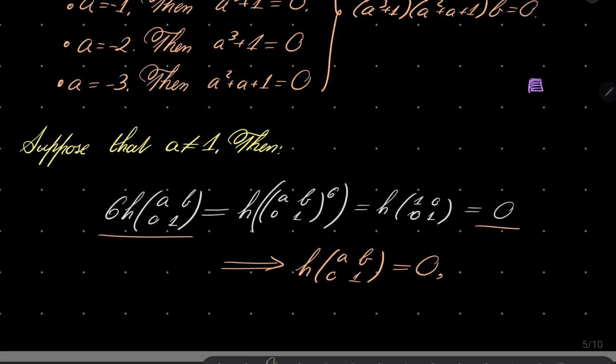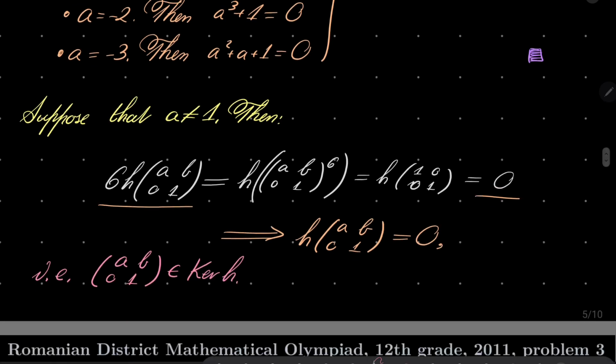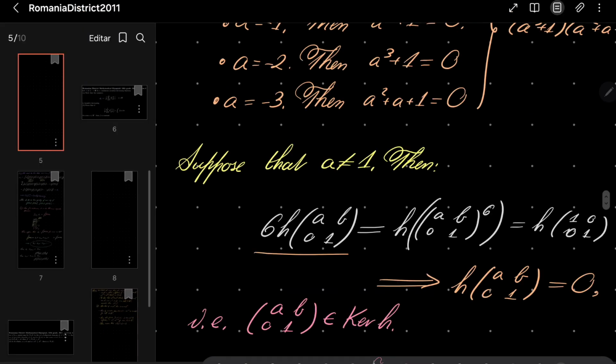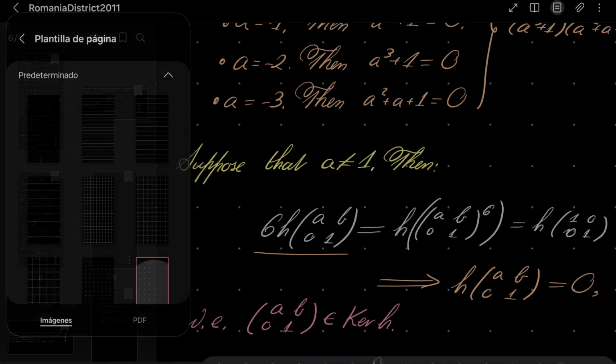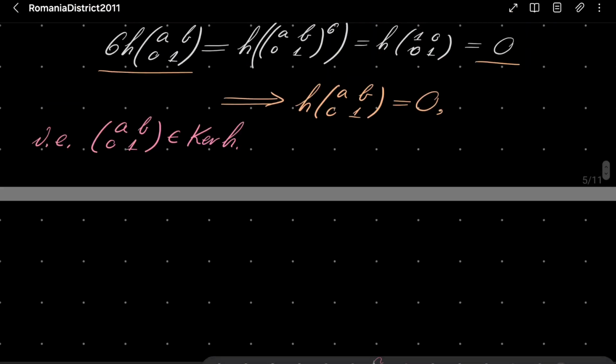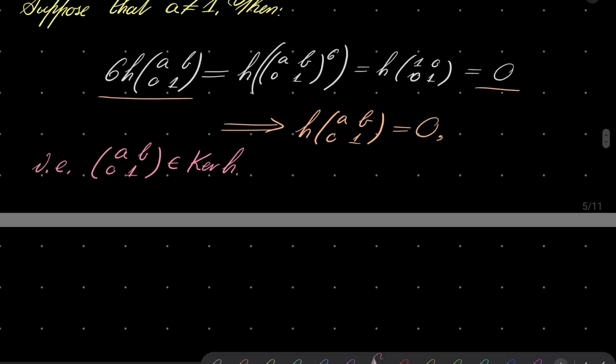That is, every element of this form is in the kernel of our function. But how many matrices of this form are there? Let's count. A can be chosen in 5 ways.